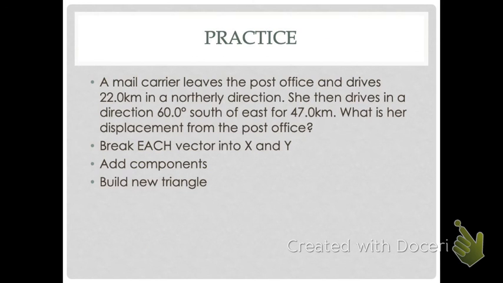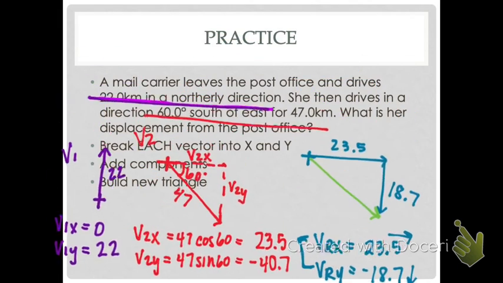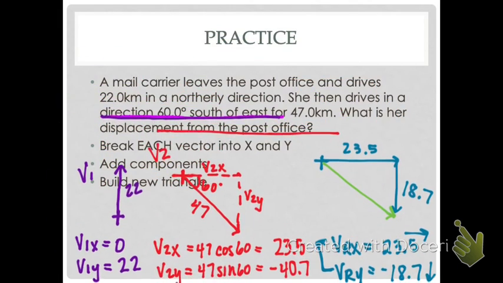So last step, build a new triangle. We've got the sides of that triangle. Now all we've got to do is find that resultant hypotenuse and the angle that goes with it. So we're trying to find that and the angle. So Pythagorean Theorem.